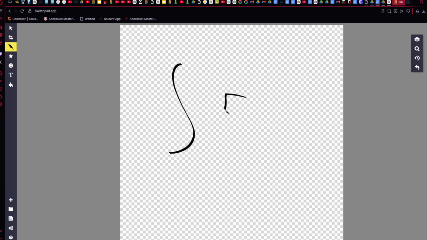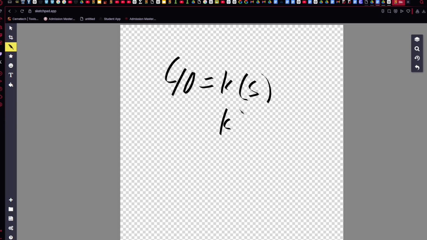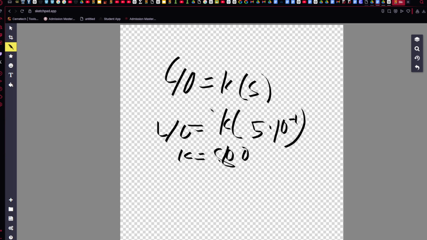Actually, I did it with respect to centimeters, which is not right. So we have to do it for F equals k times 5 centimeters, but to convert this, it's divided by 100, so k times 5 times 10 to the negative 2, which is 5 over 100. Dividing it, k equals 0.08, or no, sorry, 800. So that means you have the formula F equals 800x.